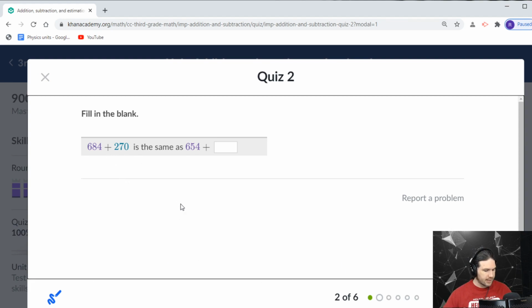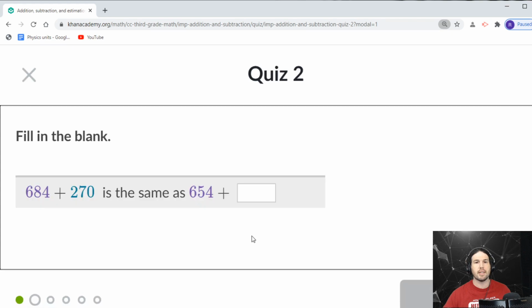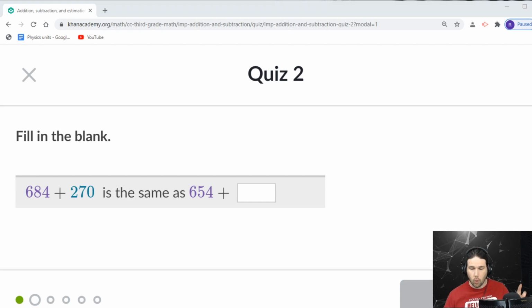Fill in the blank. 684 plus 270 is the same as 654 plus blank. Well, we took 30 away from the 684. And again, that 30 has to go somewhere if this is going to be the same. And they're being sneaky about equations again, right? When they say "is the same as," they mean that it's equal to.